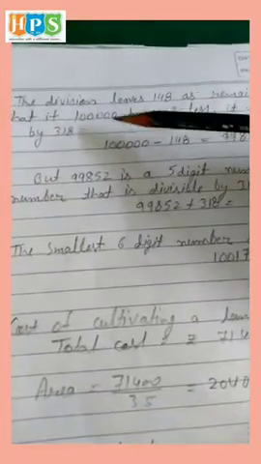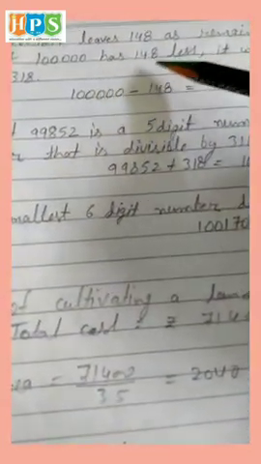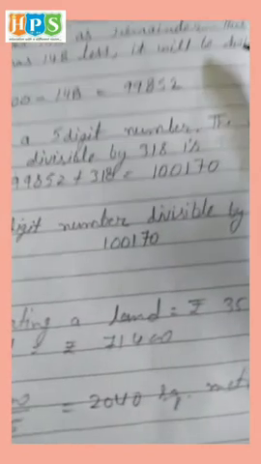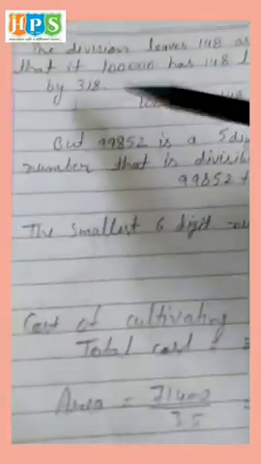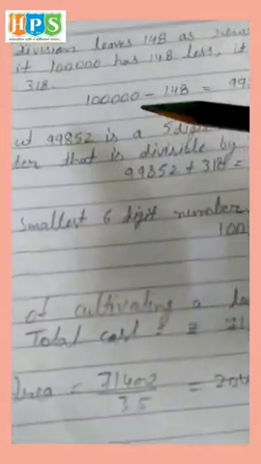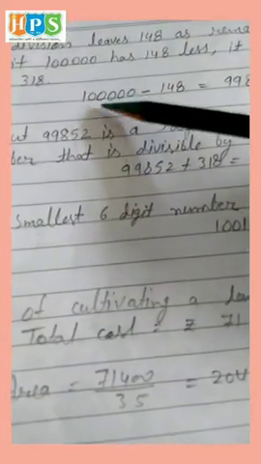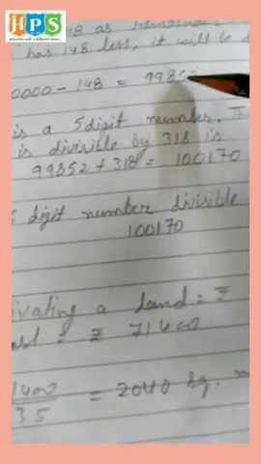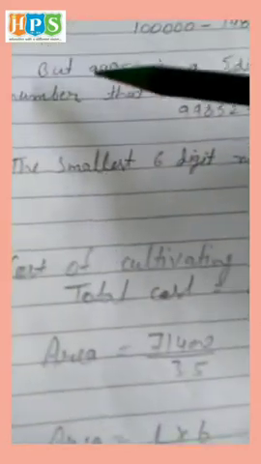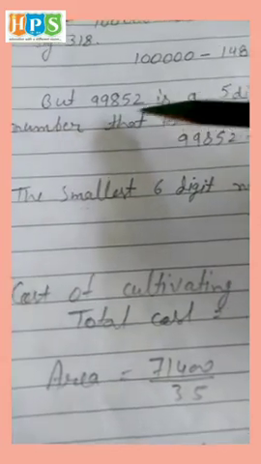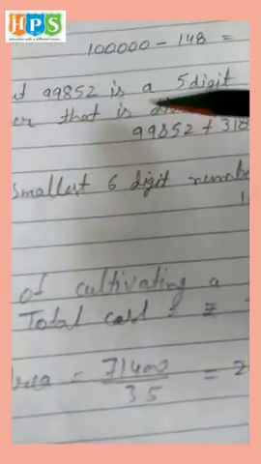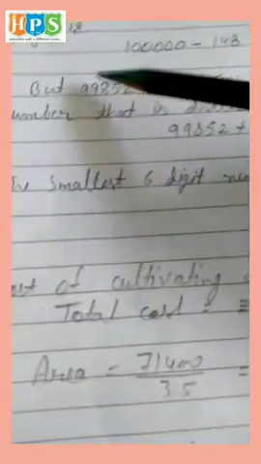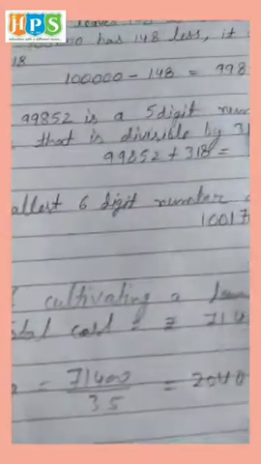This means that if 1 lakh has 148 less, it will be divisible by 318. 1 lakh minus 148 is equal to 99,852. But 99,852 is a 5-digit number.